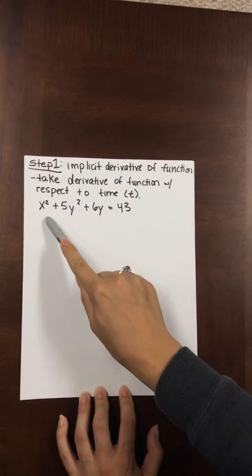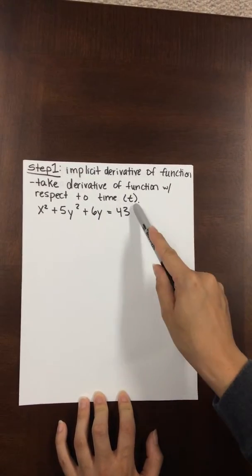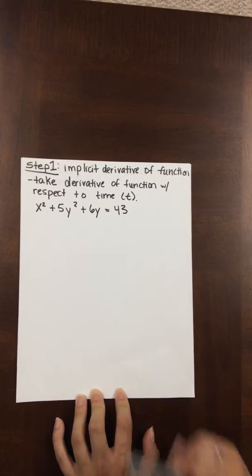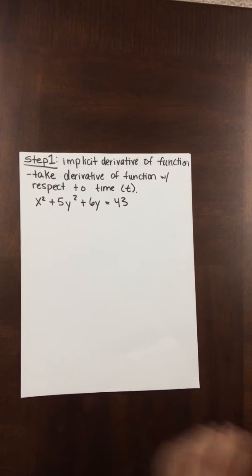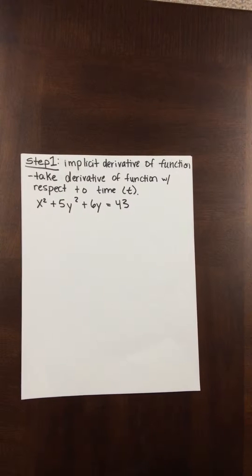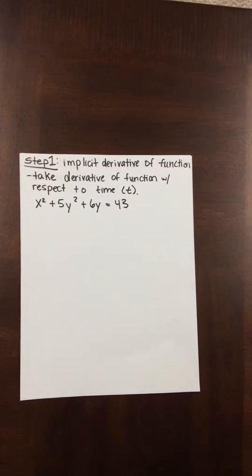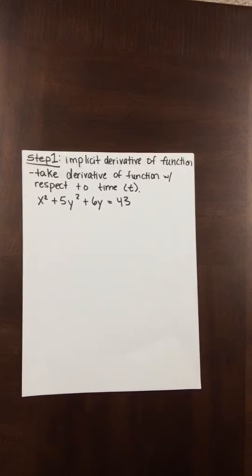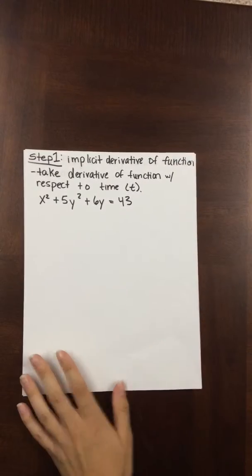As you notice, none of these have the variable t in it, so just like when we did implicit differentiation and had a dy/dx after the terms, we'll have a dy/dt, since nothing will cancel out.